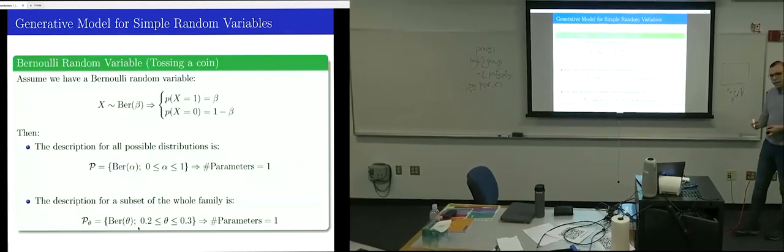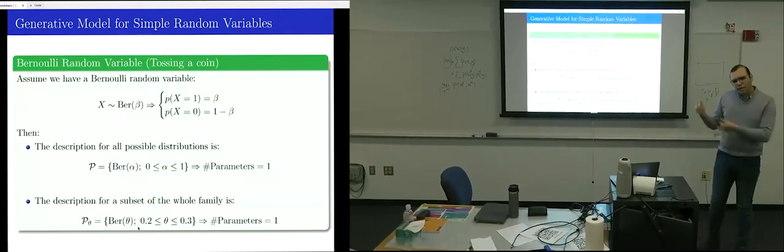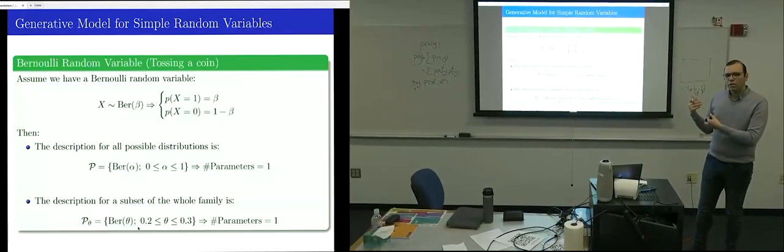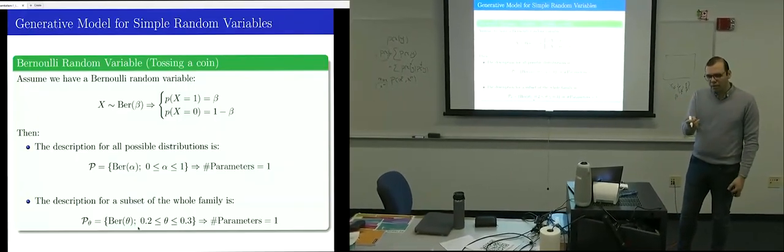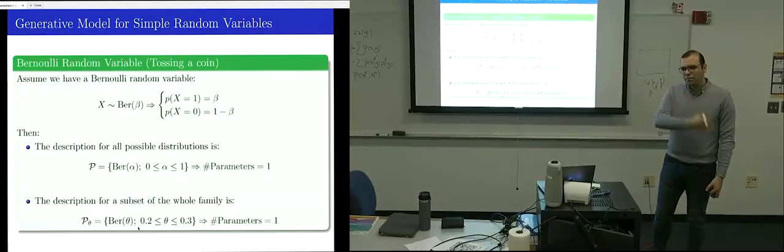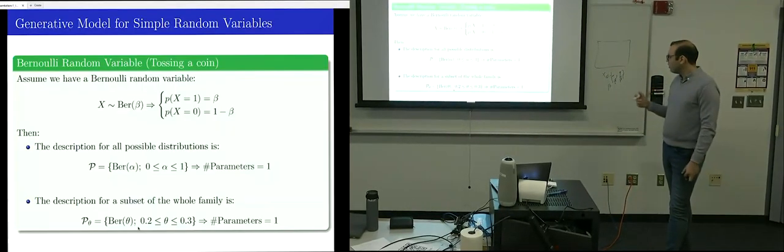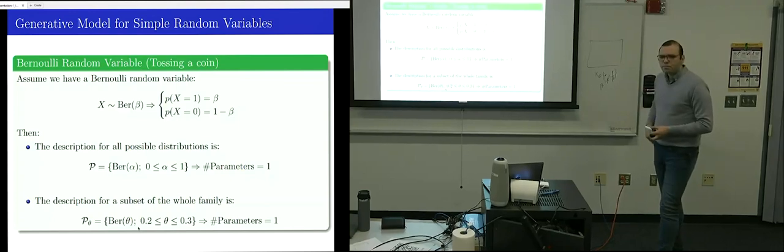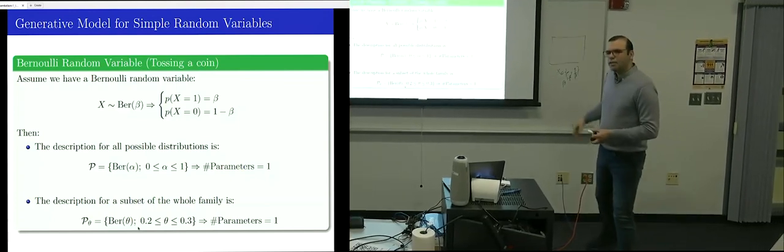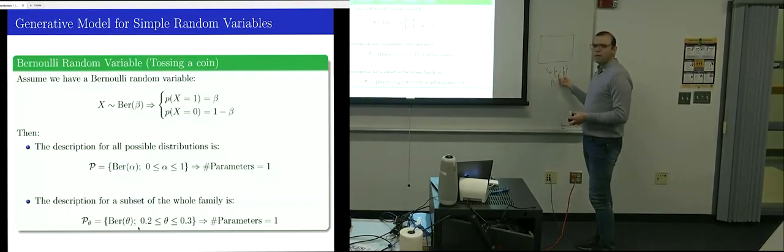If you toss a coin, you are in this space, because the coin has a parameter for being 1 and 1 minus beta for being 0. So if you toss a coin, it means that you are using this family. Any binary random variable. So here the family would be defined by the value of beta? Exactly. The total family is defined by the parameter beta.